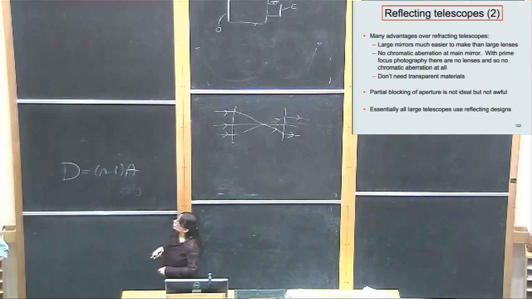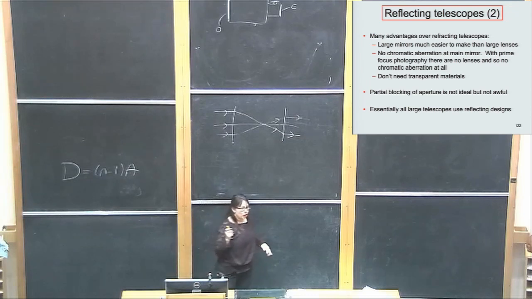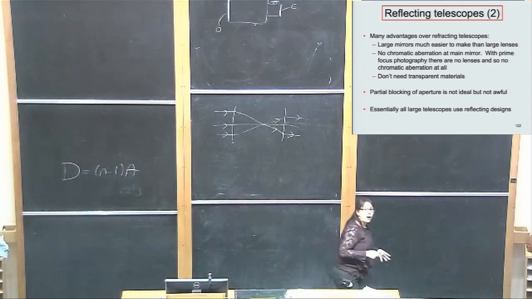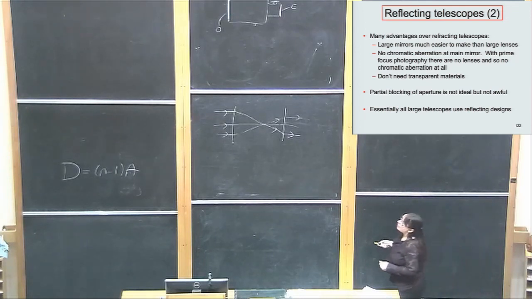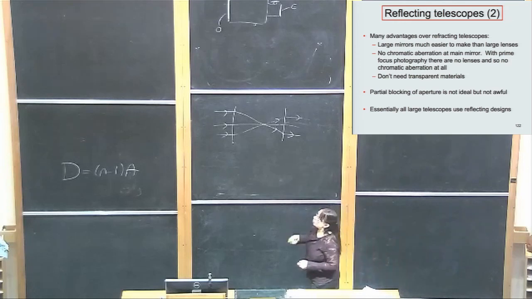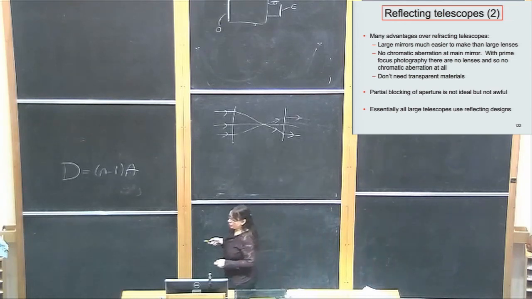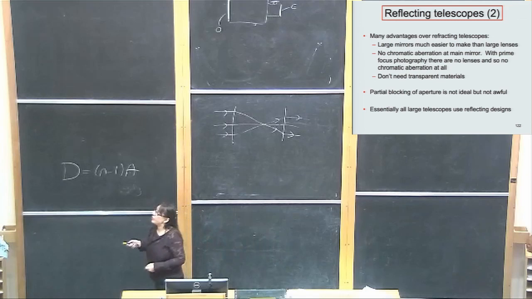We've already mentioned this back, I think, in the first or second lecture. It's an issue that comes from the fact that light of different wavelengths has different refractive indices, so you get these sort of coloured fringes. But if you're just reflecting at a mirror, then you get no chromatic aberration, at least not at the main mirror. And if you're doing prime focus photography, then you don't get any chromatic aberration at all.